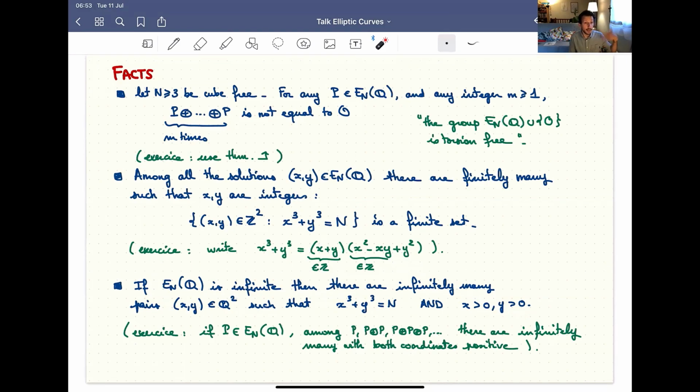Which means that in the original problem with 9 and 17, and actually for any n such that there are infinitely many solutions, there are infinitely many positive solutions with positive x and y. And the point is, if you have a solution P, then using this operation plus that we discussed and adding P to itself sufficiently many times, you end up with points that have positive coordinates.